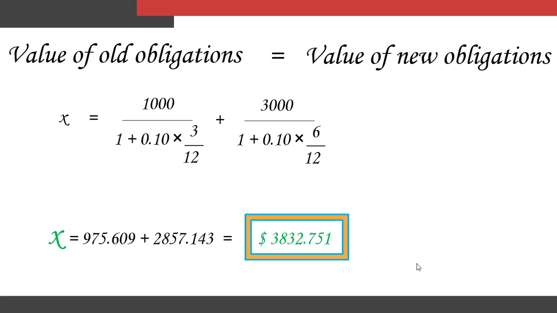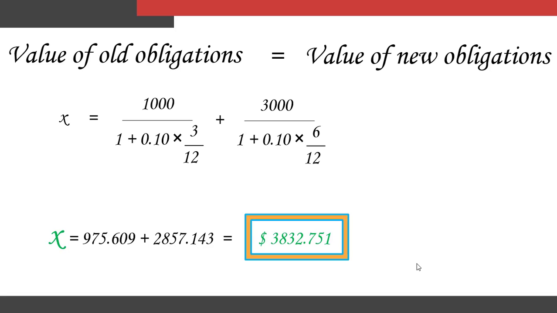Note that in general, if I say that old obligation equal new obligations, true or false? It's false. It must be value of old obligations equal value of new obligations.